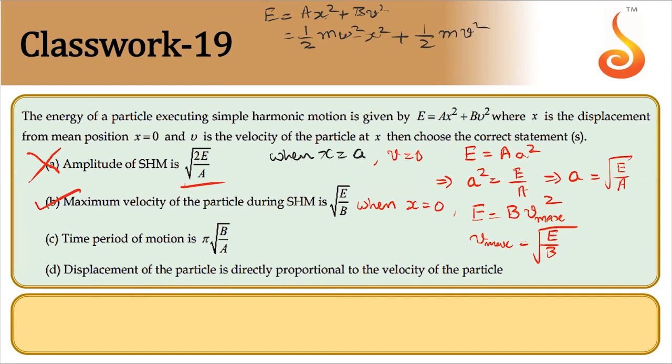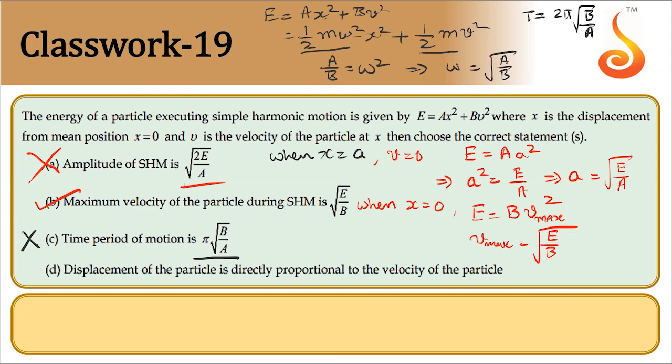Right? So a is half m omega square, b is half m. So a by b is equal to omega square, which implies omega is root of a by b. So t should be 2 pi root of b by a. But here what is given? Pi root of b by a. So this is wrong. Correct?